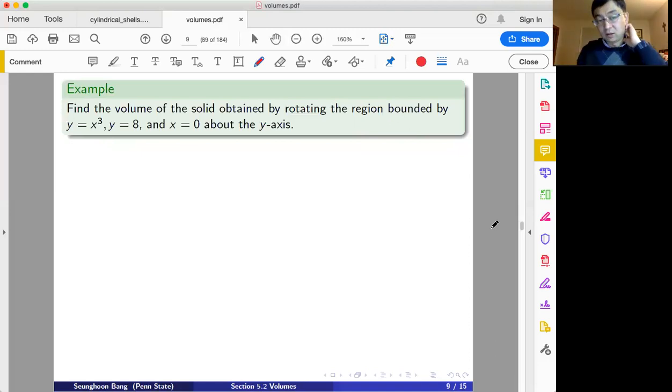So how can you find it? The same way. First, you draw the region. What does the region look like? The region is like this. We can draw y equals x cubed first.